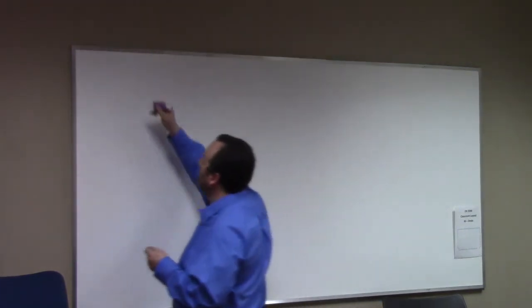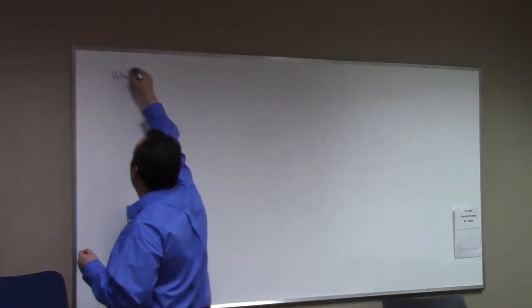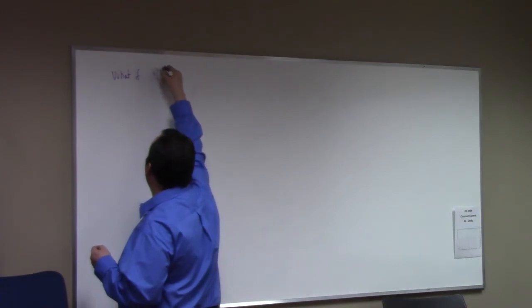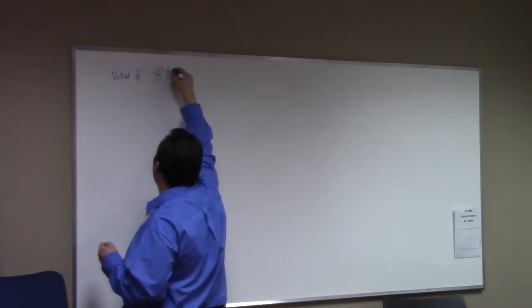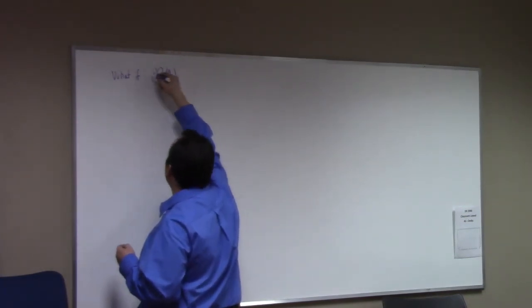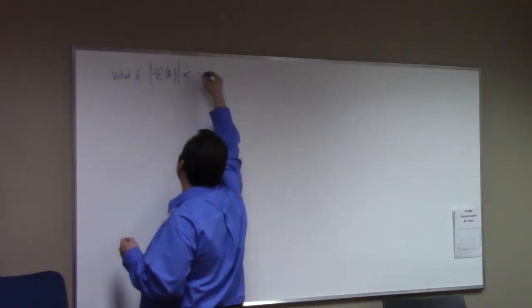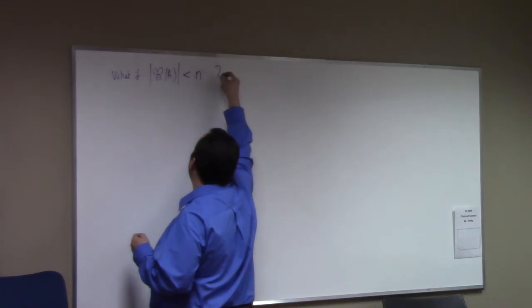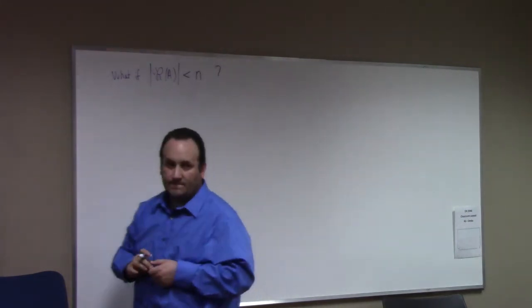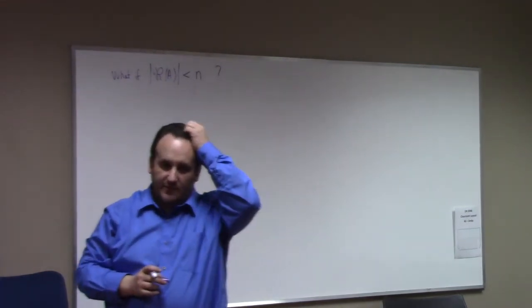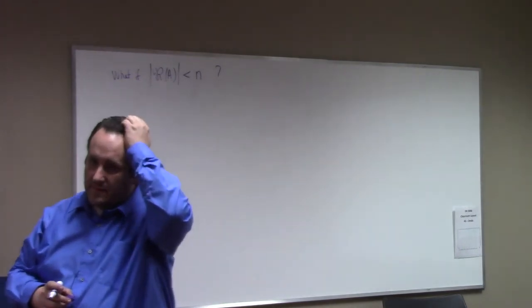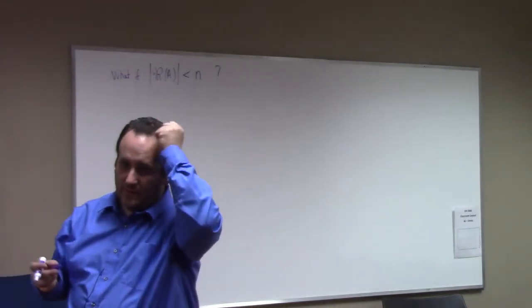So what if the roots of A, let's say the size of it is less than n. If there's less than n roots for this, I mean, the determinant's an nth order polynomial, right?